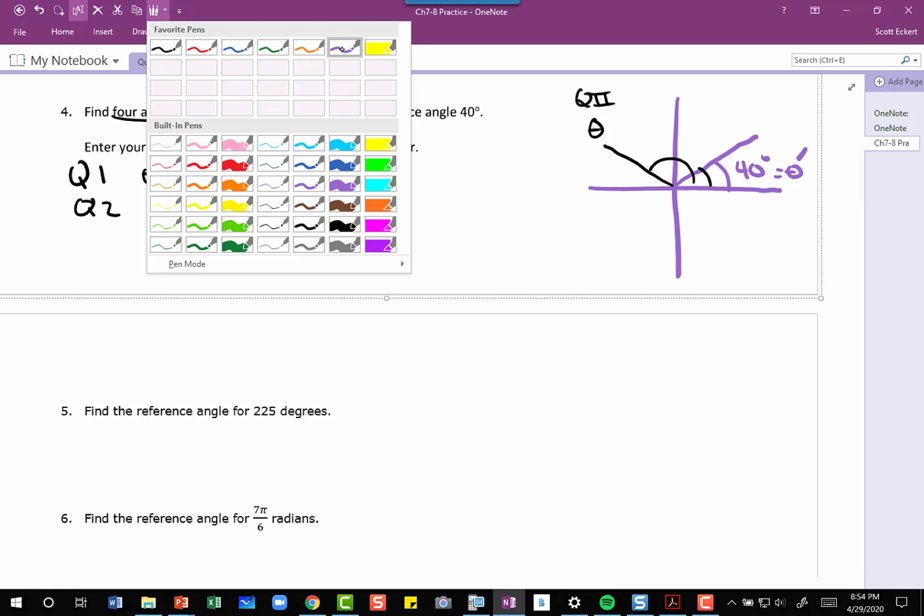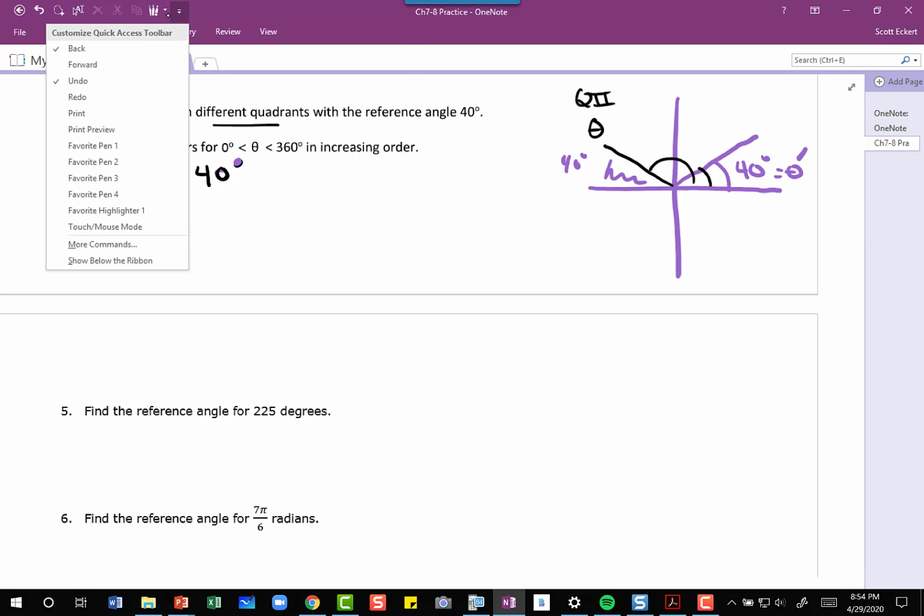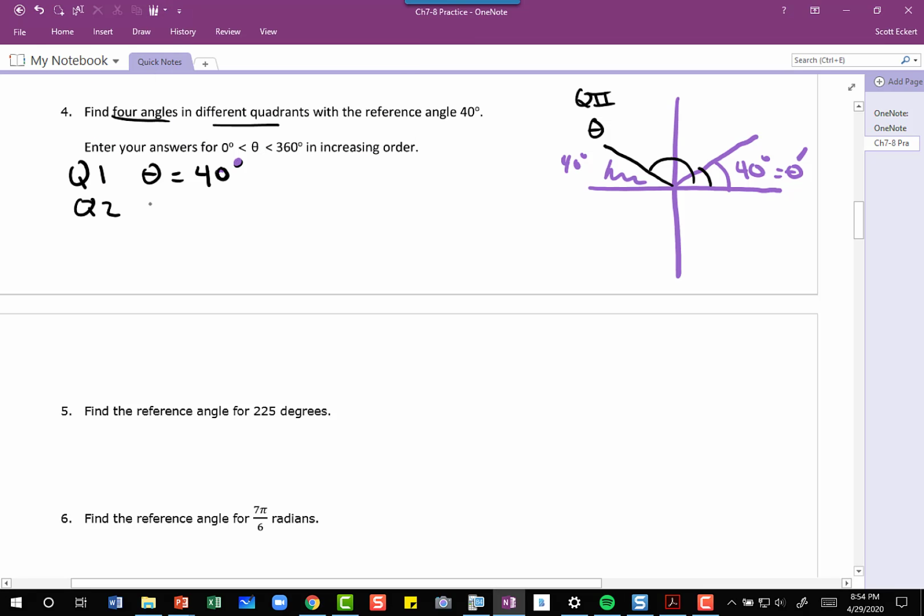So if it has the same reference angle, this part of it here is 40 degrees. And so we can use that to figure out the quadrant 2 angle. And it might be all coming to you, or you might already have it. But it's going to be 180 minus the 40, which is going to be 140 degrees.